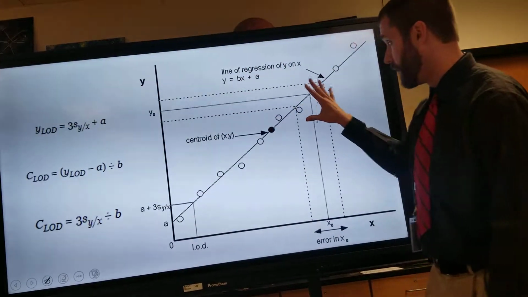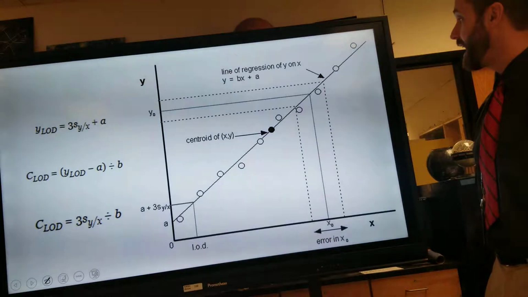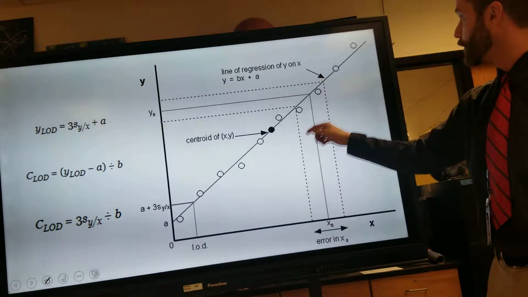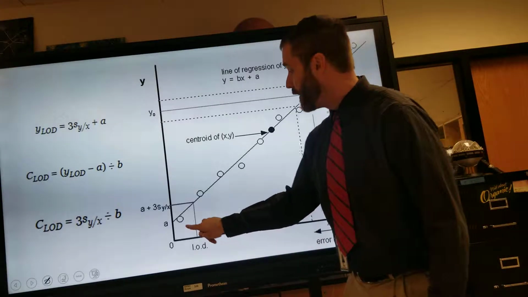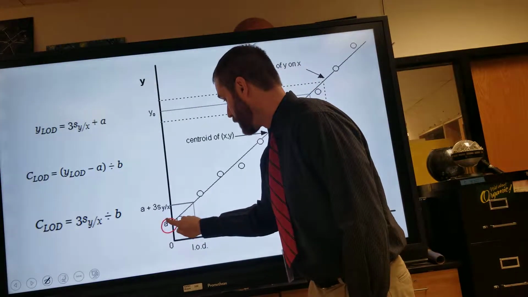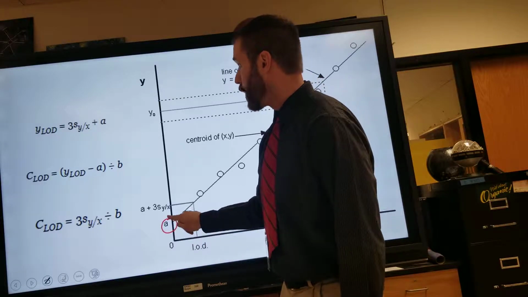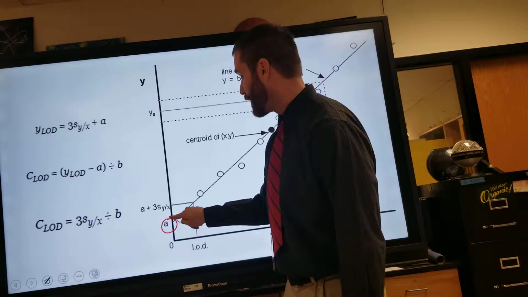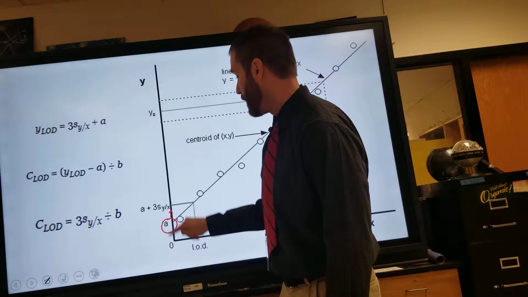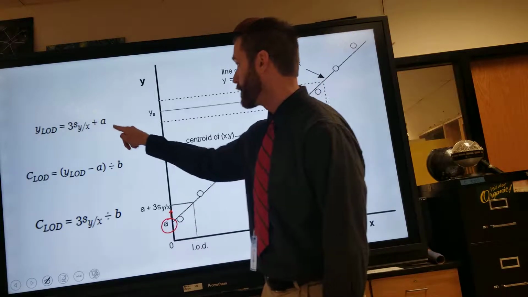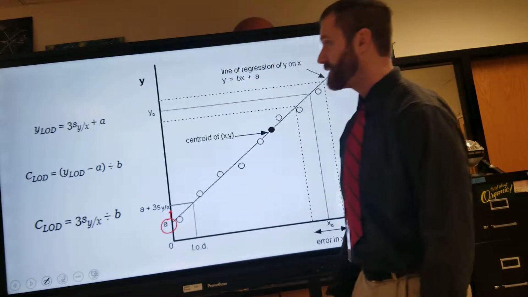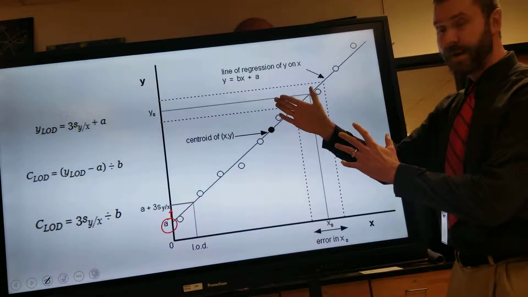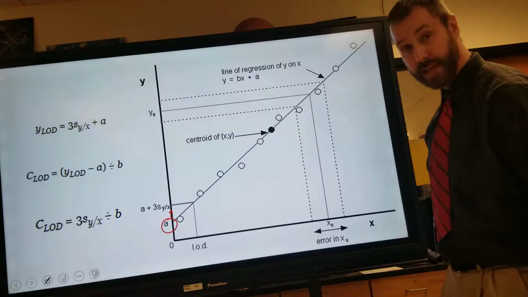So back to that original diagram that I have here. So this would be your calibration curve. You got your points all over it. When you find your intercept, okay, you are basically going to add 3 standard deviations above this. So you have your intercept and your 3 standard deviations above it, and that is basically going to give you the y-axis value where your limit of detection would be.